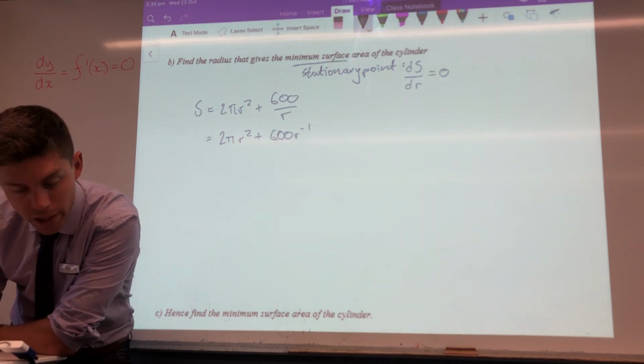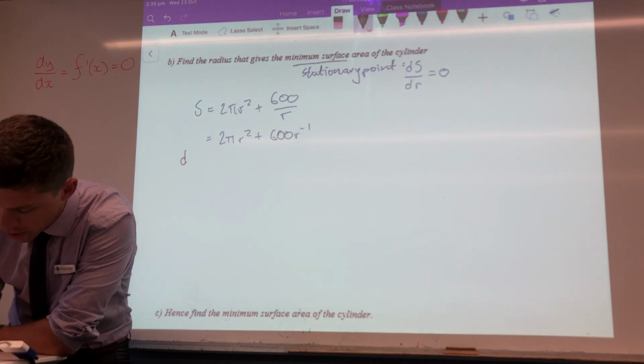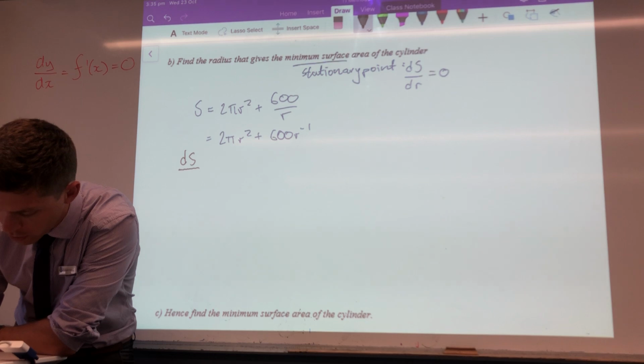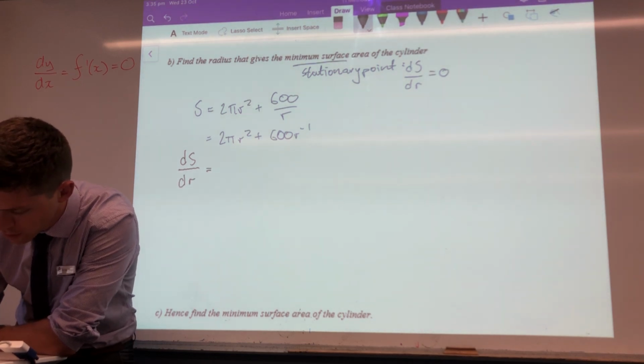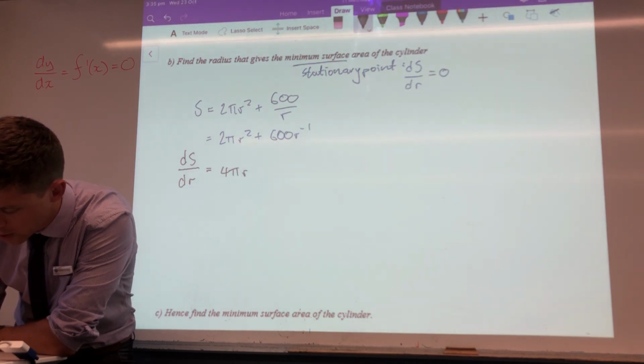So once again, we're not writing dy dx, we're writing dS, or the gradient, or the change in surface area over change in radius. So we've got 4 pi r plus -1 times 600, and then r to the power of -2.